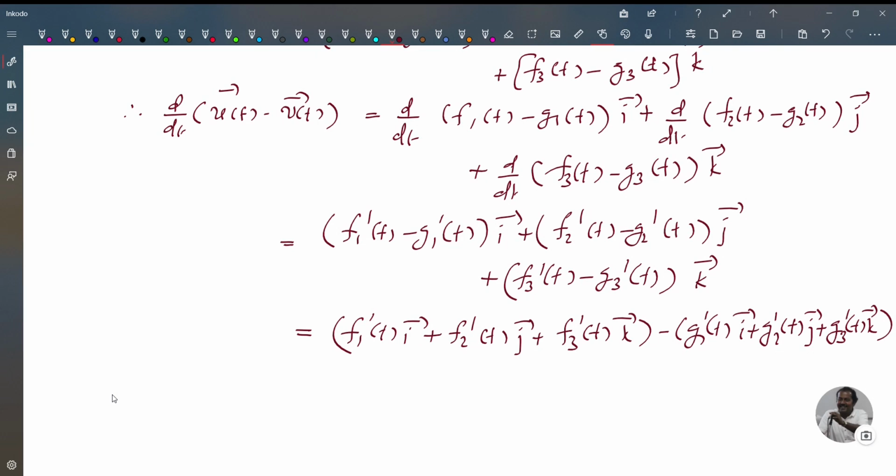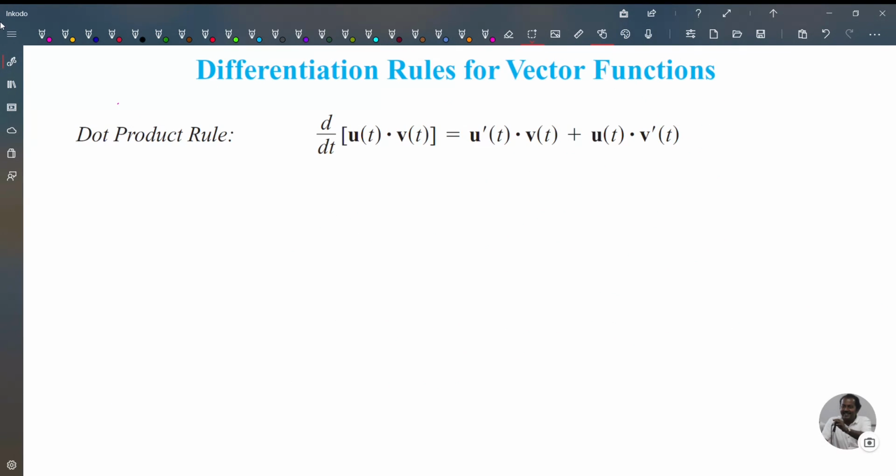So that is equal to u prime of t minus v prime of t. Now we do the dot product rule.